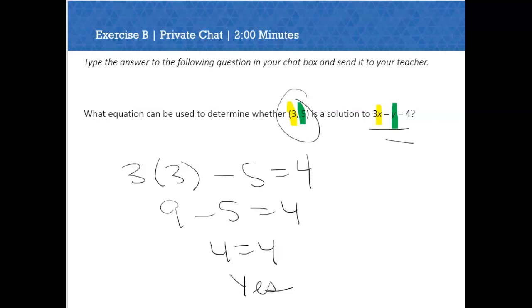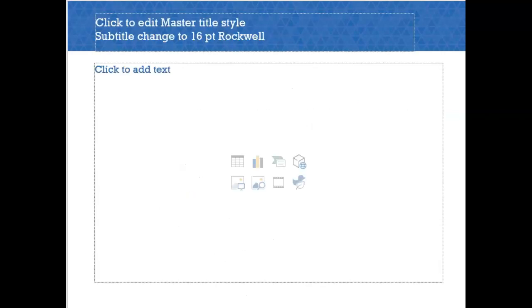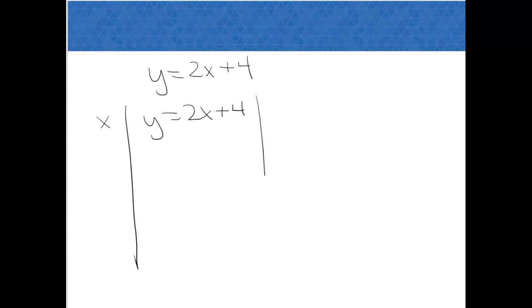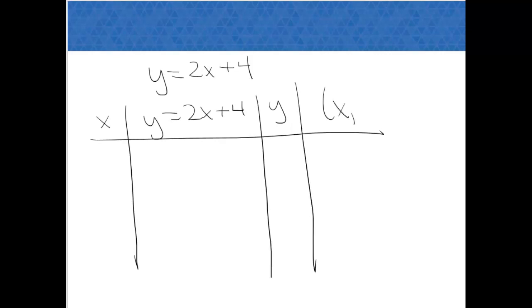Now, if we needed to make a table of values, we can choose any values we want, plug it in, and find the other value and get the ordered pair.